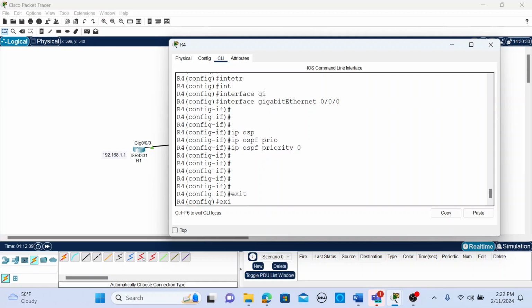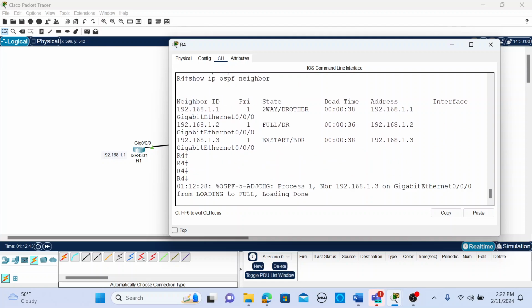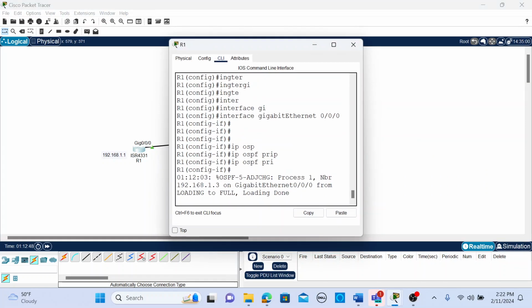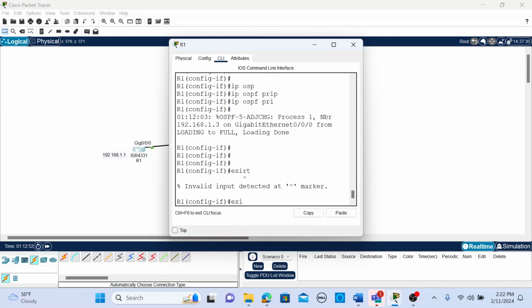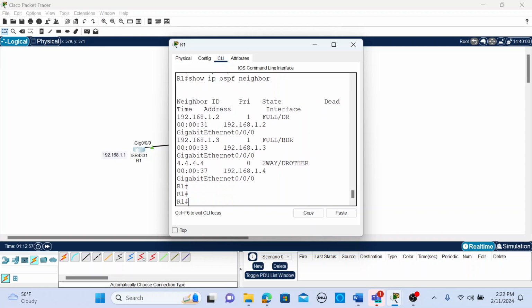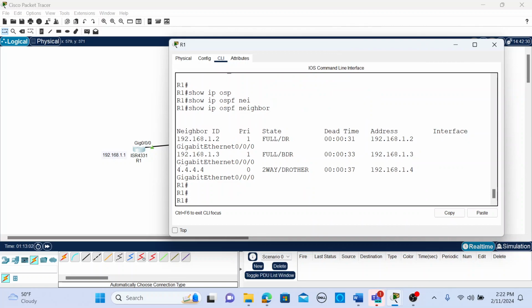Let's see that. Show IP OSPF neighbor. I've changed the priority for 4.4.4.4. Earlier it was 200 and it was in DR state. Now you can see 1.1.2 has become DR. Earlier this one was in BDR state.